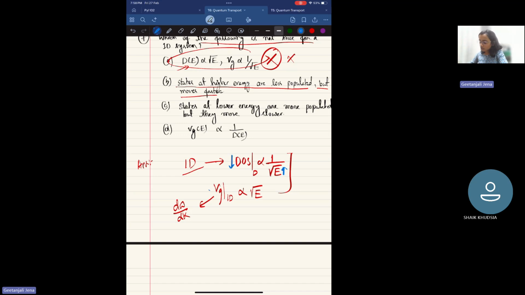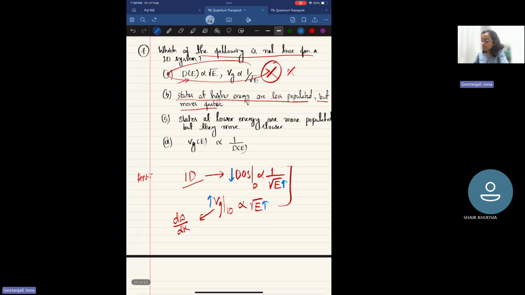But if you look at the group velocity relation, when the energy increases, the group velocity also increases. So higher states are less populated, but they move faster. So this option is also correct.